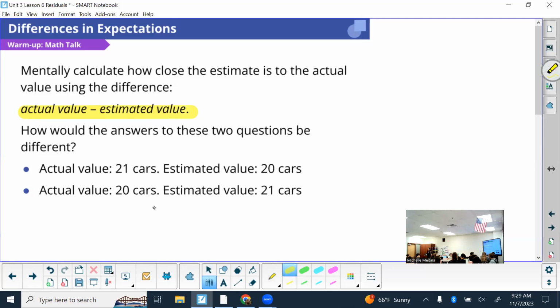Just put your thumb up when you think you know how those 2 answers would be different, when you do actual minus estimated.